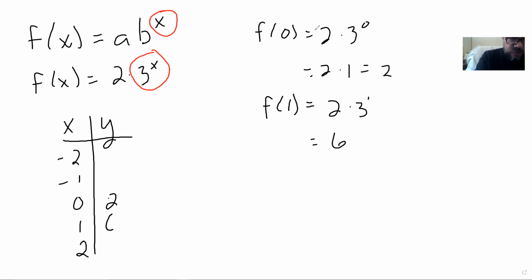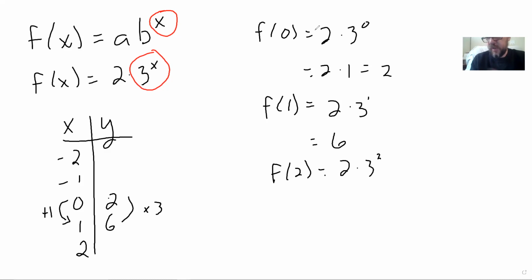So notice that when we increase the exponent by 1 here, this went times 3, right? And that's going to continue to happen. When I increase the exponent by 1 again, I'll do f of 2, and I will get 2 times 3 to the 2. You can see we've multiplied by another 3 here. So this is 18. Notice this is getting huge in a hurry, right? If we did another one, it would be 54. So really big, really quickly.